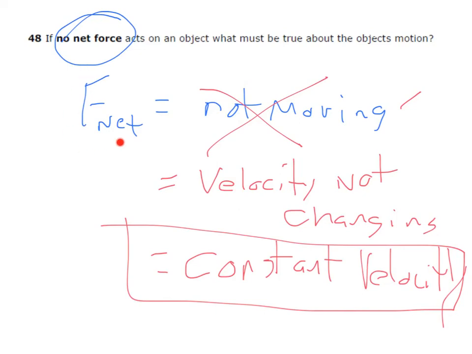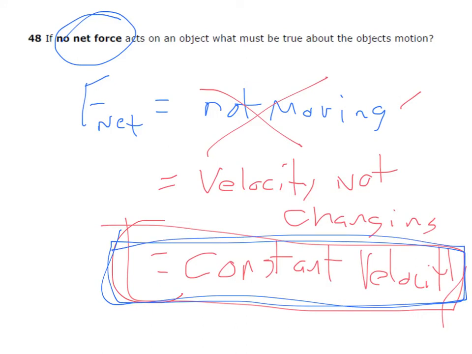All that no net force means, according to Newton's first law of inertia, is that an object in motion remains in motion and an object at rest remains at rest unless there's a net force that's not zero. So if the net force is equal to zero, what it means is that the object's velocity is constant, whatever that velocity happens to be.